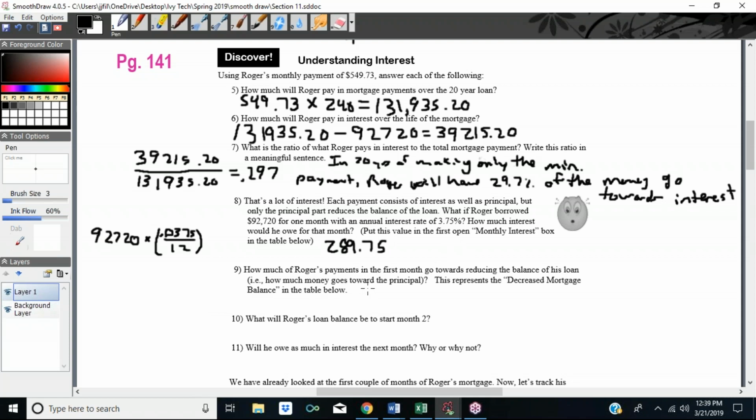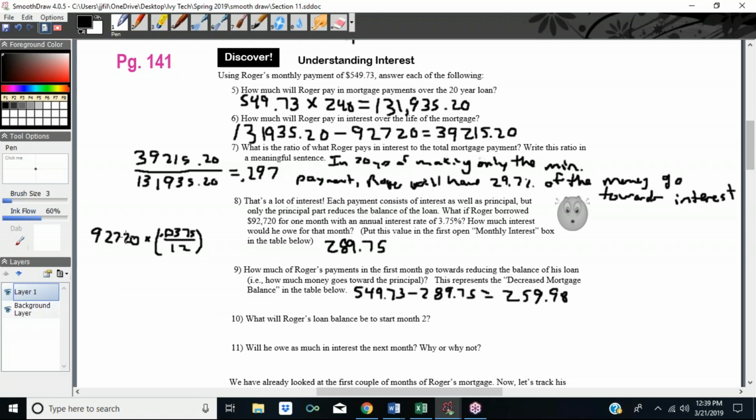So think about this. We have the $549.73 that Roger has to pay, and $289.75 is going towards interest. So we can find out how much the mortgage balance decreased. It looks like $259.98. So the mortgage balance wouldn't be $92,720 anymore.